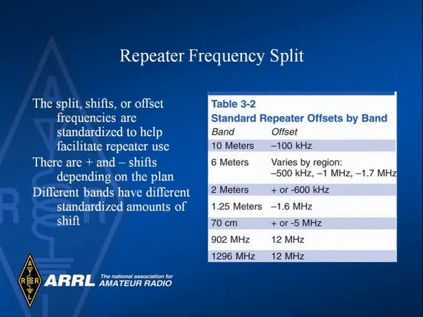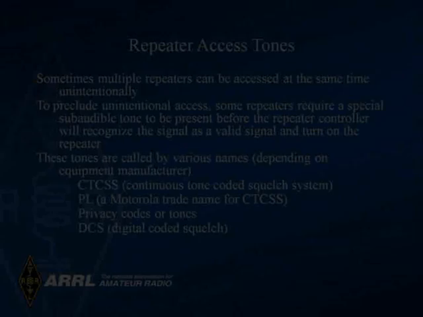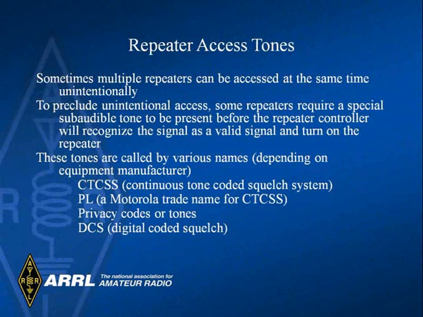The splits, shifts, and offset frequencies are standardized to help facilitate repeater use. There are positive and negative shifts depending on the band plan. Different bands have different standardized amounts of shift. Sometimes multiple repeaters can be accessed at the same time unintentionally.